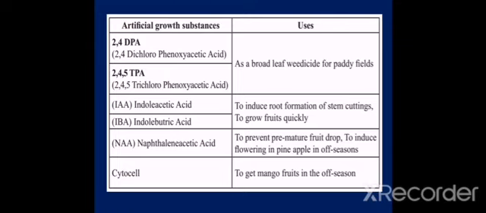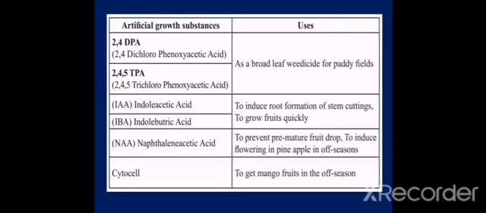IAA and IBA are used to increase root formation of stem cuttings and to grow fruits quickly. NAA is used to prevent premature fruit drop and to induce flowering in pineapple in the off-season.